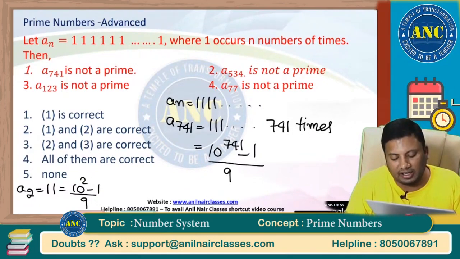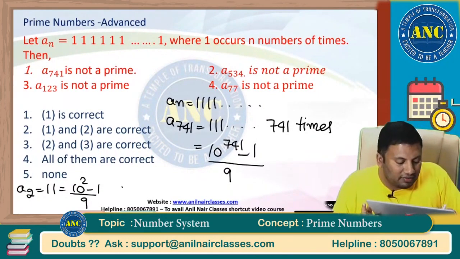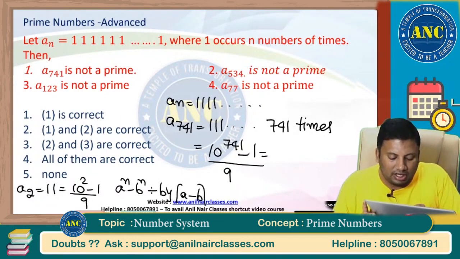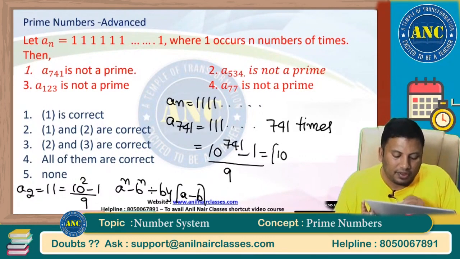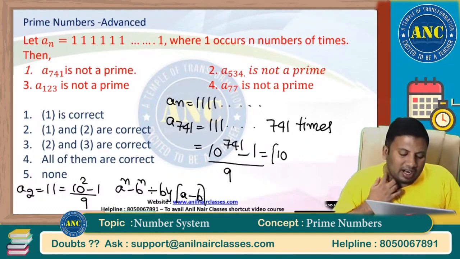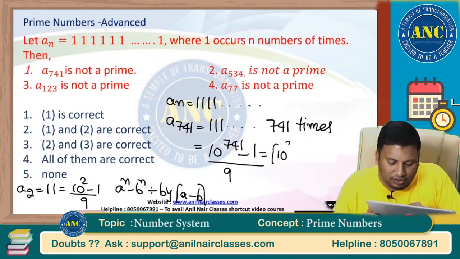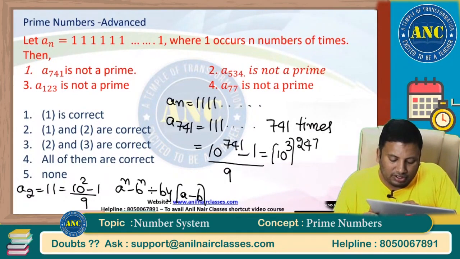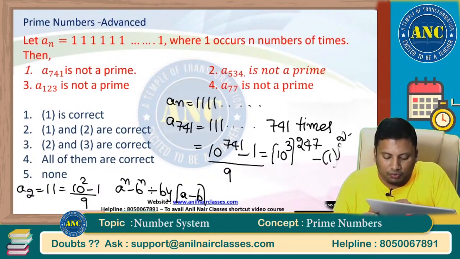10 power 741 minus 1. What did we discuss? A power n minus b power n is always divisible by a minus b. Just to explain the concept, take it as 10 cube power 247, since 3 times 247 is 741, minus 1 power 247.